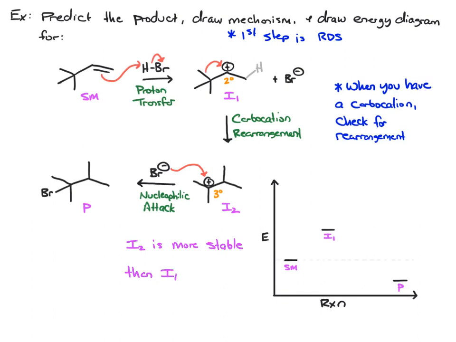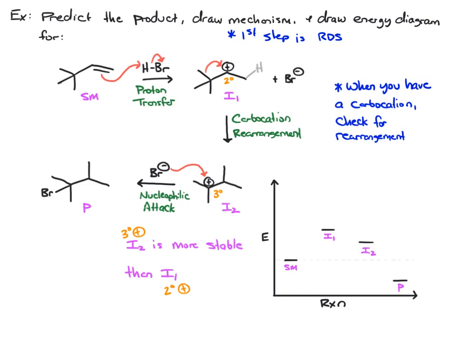Why is that? Well, remember we looked at the carbocations. Intermediate 2 is a tertiary carbocation. Intermediate 1 is a secondary carbocation. So let's put intermediate 2 here just a bit below intermediate 1. All right, so now we have everything we need as far as our species on the coordinate diagram.